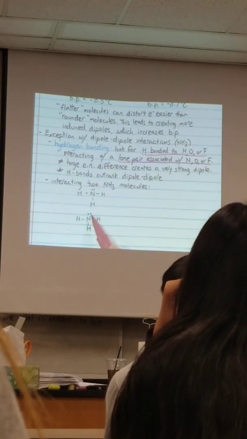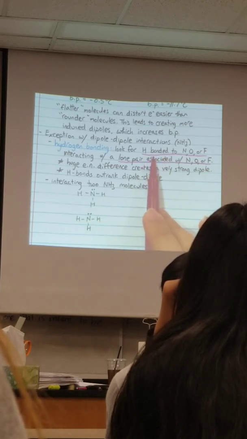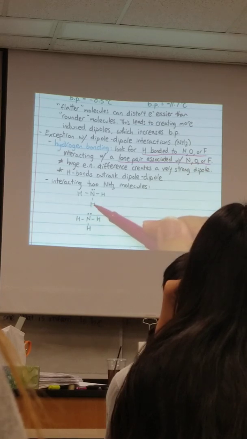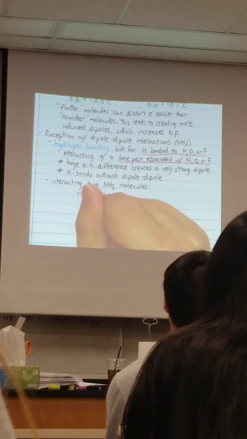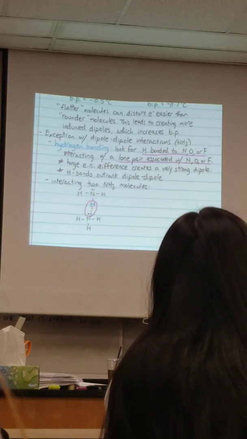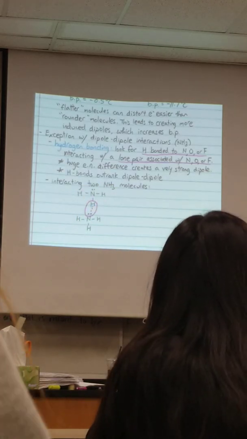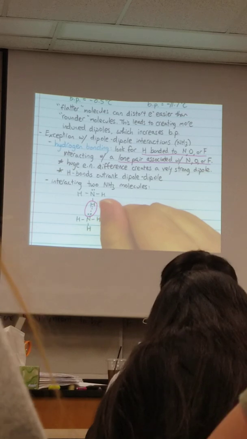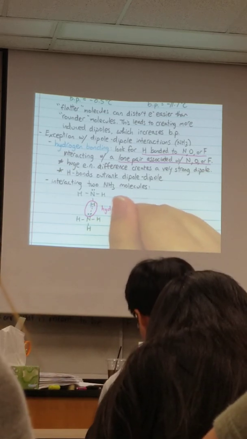Now it says I need to look for an H bonded to N, O, or F. Is this H bonded to N, O, or F? Yes. So the interaction is between these two items. And again, we usually draw a dotted line to indicate an intermolecular force. So this dotted line corresponds to a hydrogen bond.